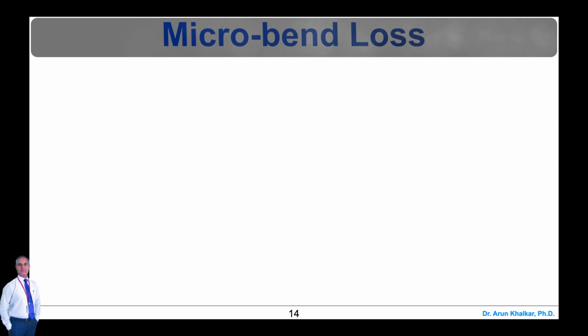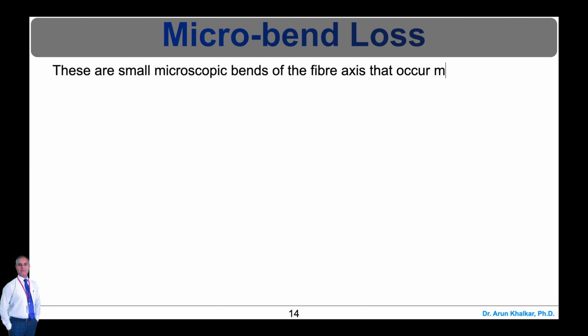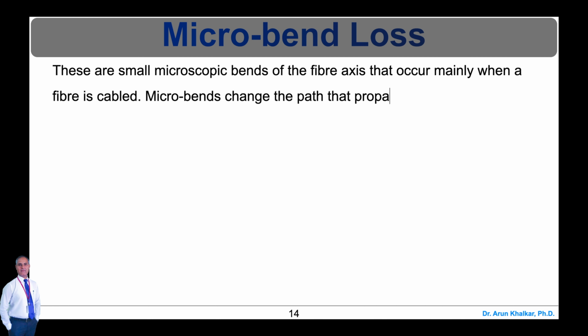Next is microbend loss. It is a small scale distortion. It is localized and generally consists of small microscopic bends of the fiber axis that occur mainly when a fiber is cabled. Such bends occur due to external forces, uneven coating applications, and improper cabling procedures.